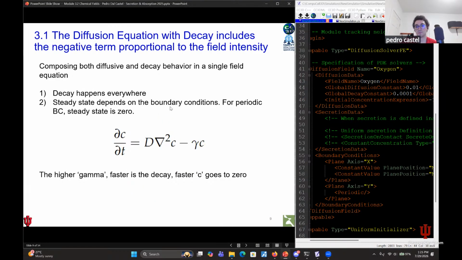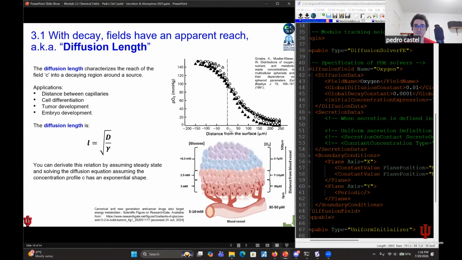When we have both diffusion and decay, there is another concept, which is the typical reach of the field. The field will diffuse and it will decay like that exponential shape. So it also has a typical propagation range, a typical signal reach.